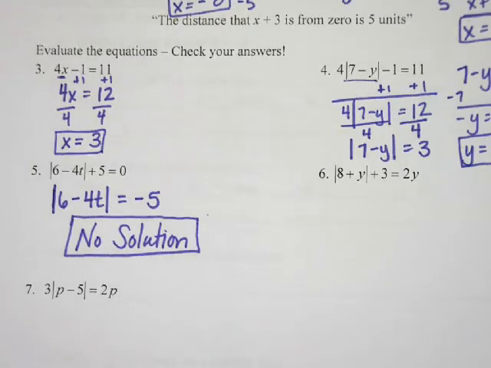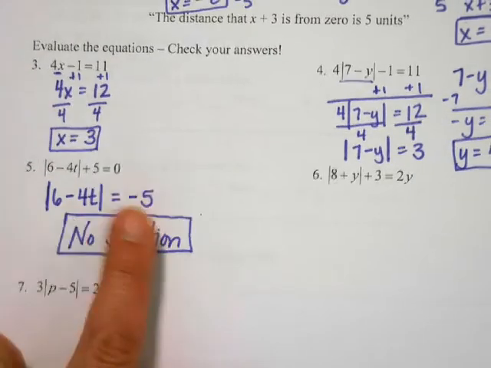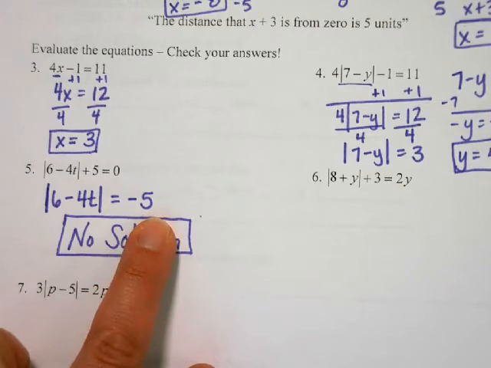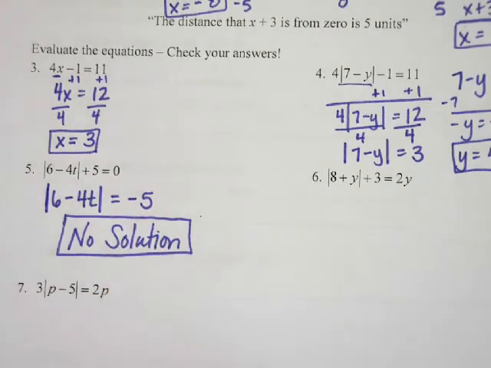So all absolute values are positive numbers, right? You're doing a distance. I can't get an absolute value equaling a negative number. I can't go a distance of -5. When you go to solve it, neither one of your answers will work.